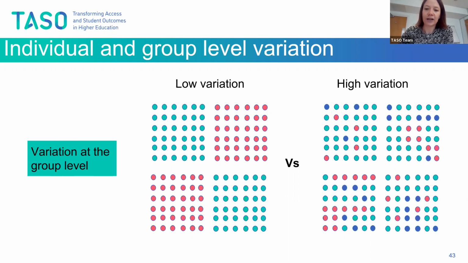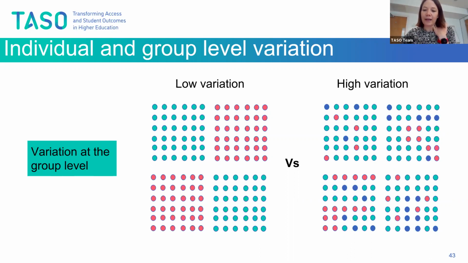Really what I'm trying to illustrate here is that it's possible to have variation both within clusters, but also between separate clusters. So within the cluster, the people might not necessarily be the same. So we might be looking at a school classroom, but all the pupils within that classroom are quite different. But equally, we might have schools that at the meta level look quite different or are quite varied.